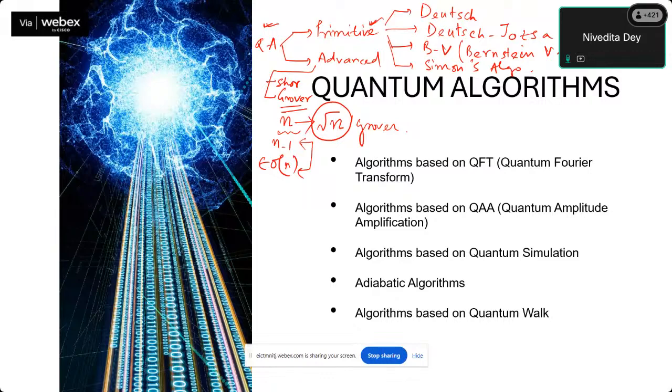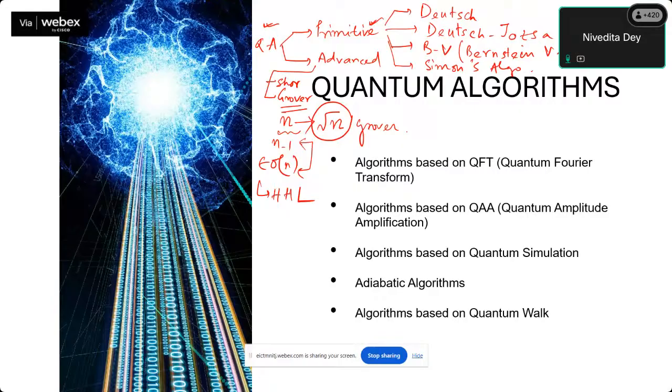There are a few more algorithms as well, like the HHL algorithm, Harrow-Hassidim-Lloyd, which is used in quantum machine learning, and QAA. A lot of such algorithms are there, but nothing is really as great as Shor and Grover. Otherwise, you would have heard more about these algorithms as well. QAA is based on quantum-aided optimization, which relies on approximately better solutions, so it is not exactly better.